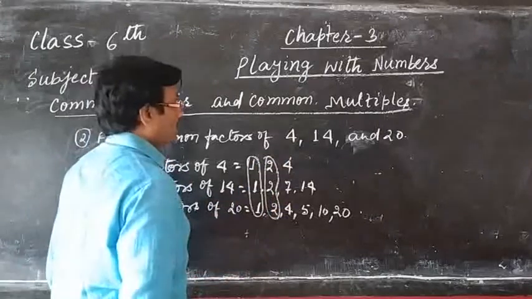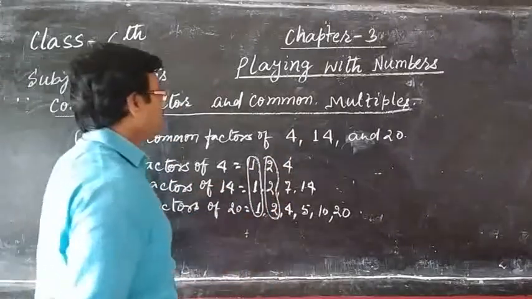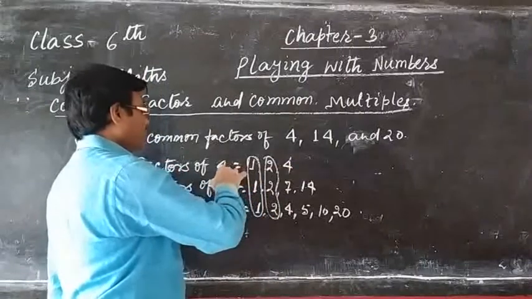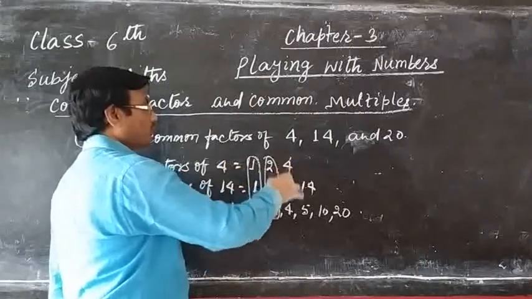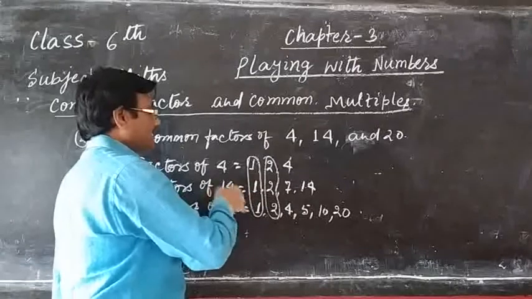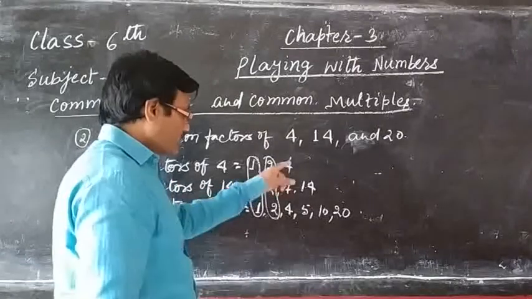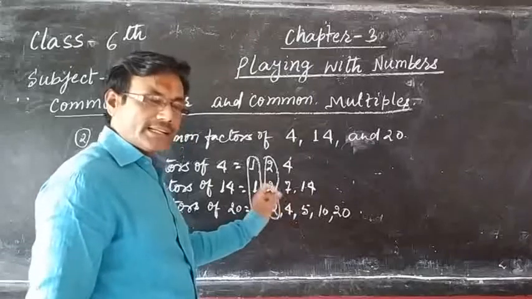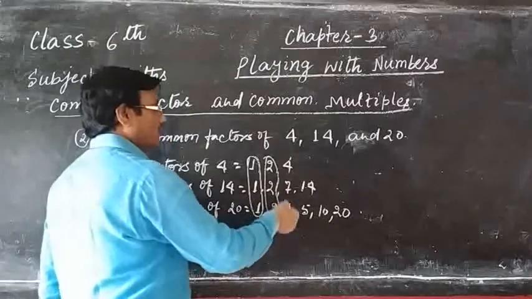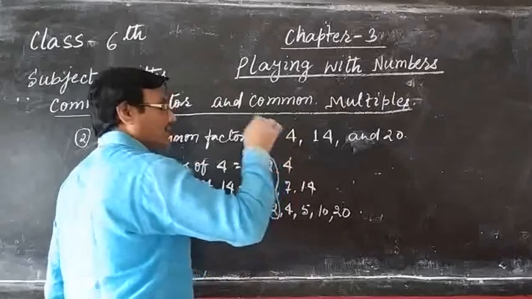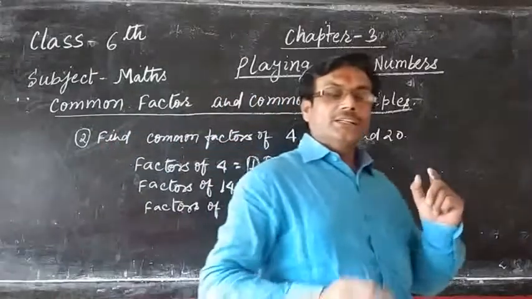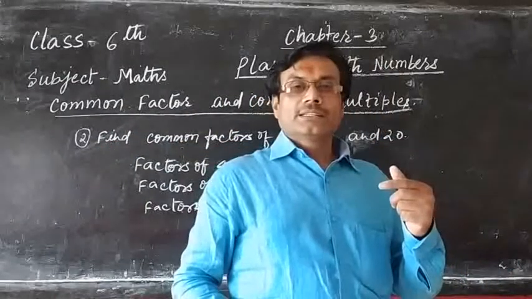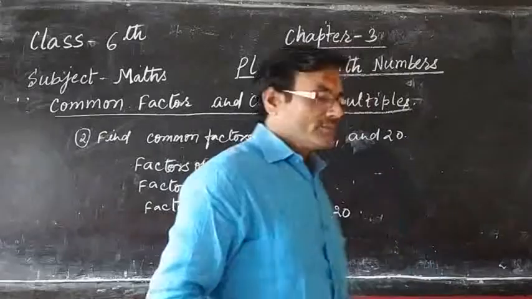Now in the third you can see that 4 comes in 4 and 20, but it is absent in 14. तो हम उसको नहीं लेंगे, सिर्फ दो नंबर में है, बीच वाले नंबर में नहीं है. So it will not be common. Common means a number should be present in all the given numbers.